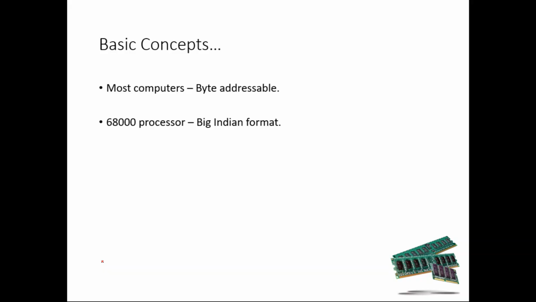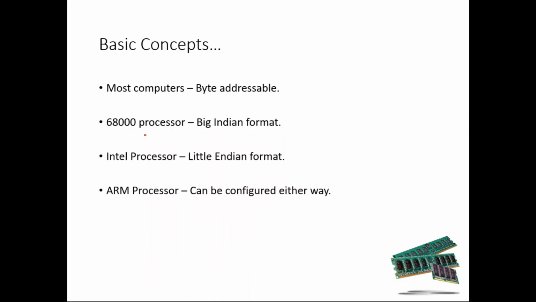Fine. So as we discussed, most computers are byte addressable, and some of them follow big endian format, like the 68000 processor. It's the name of a processor. It follows big endian format, that is, higher order addresses are represented in lower order locations, and the lower order addresses will be specified in the higher order locations.